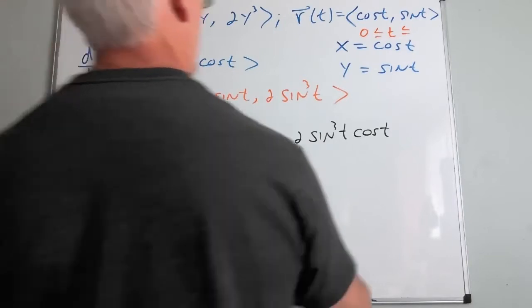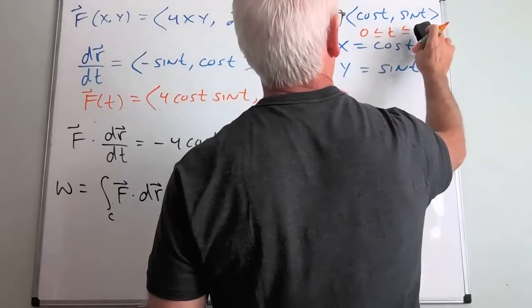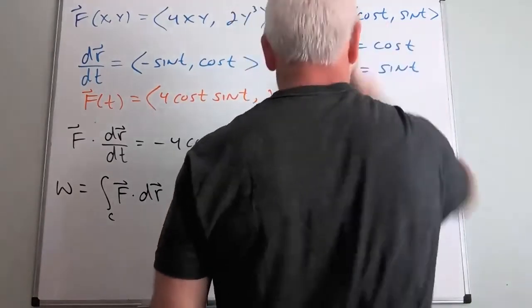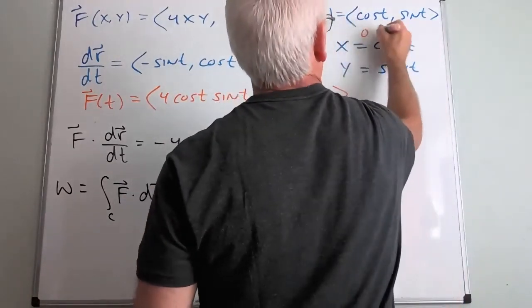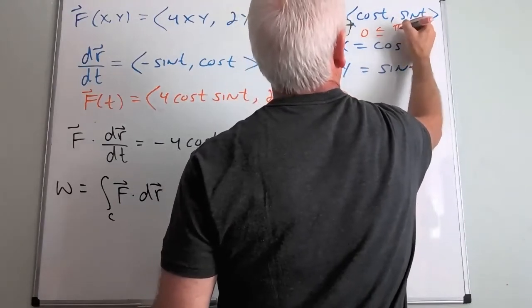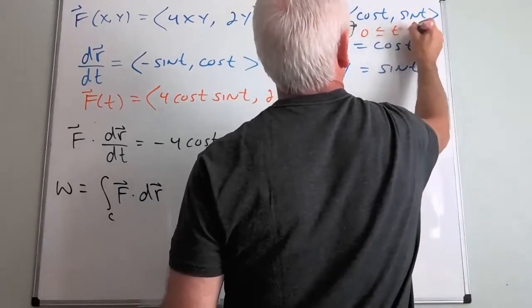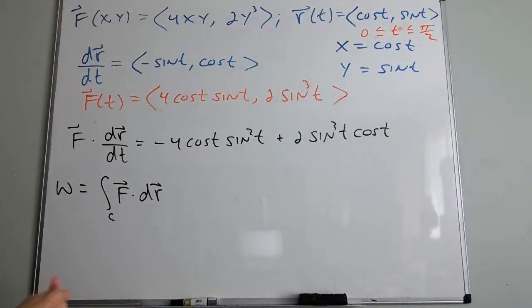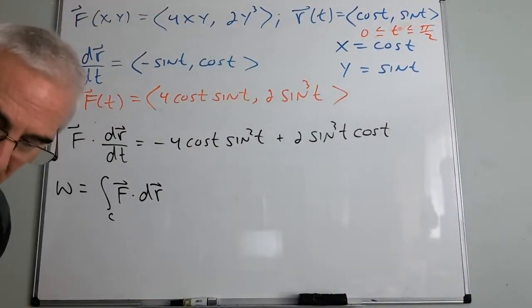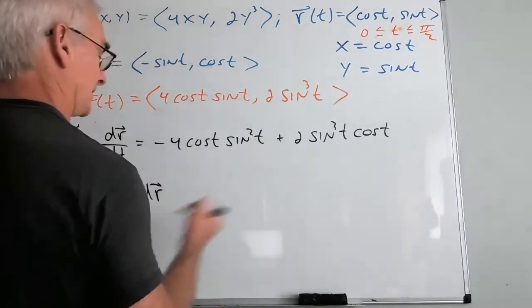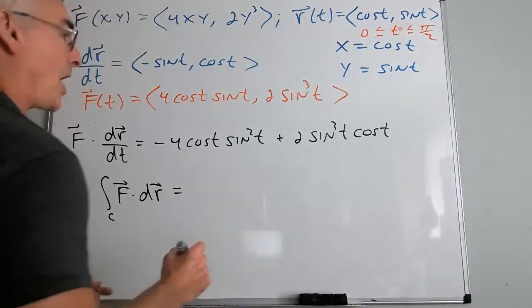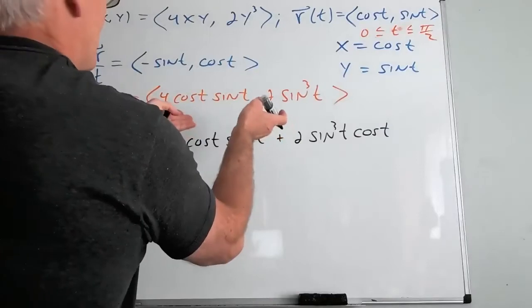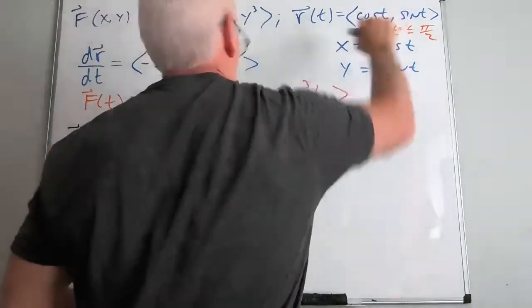Let's say we're going just the first quadrant of the circle. Whoops, 0 is less than t is less than pi over 2. I should have had that in there at the beginning. So that's our path, and those will be my t limits. Now I'm integrating this over these limits here.